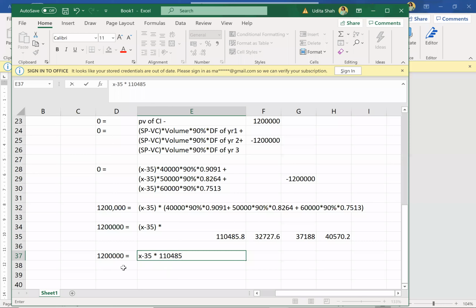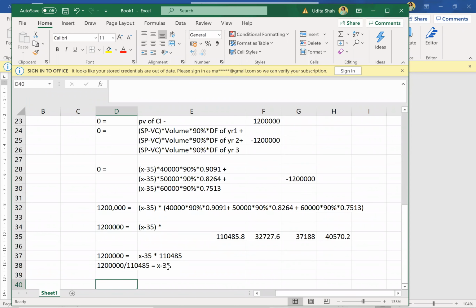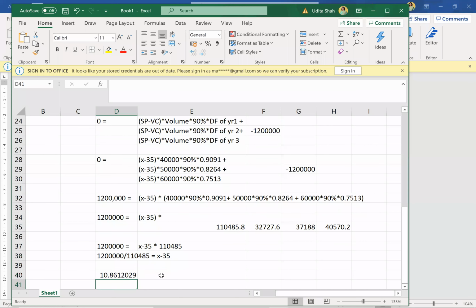So now find out x minus 35. So this will go here. So it will become what? 1.2 million divided by 110,485 should be equal to x minus 35. So 10.86 will be equal to x minus 35.